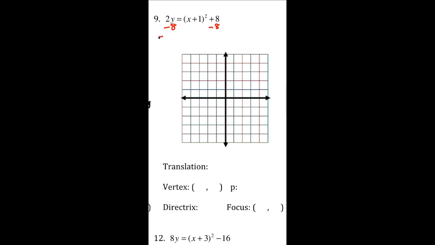So we have 2y minus 8 is now x plus 1 squared. And we need to pull out that 2 from here, GCF, and get y minus 4. So 2 times y is 2y, and 2 times -4 is -8.